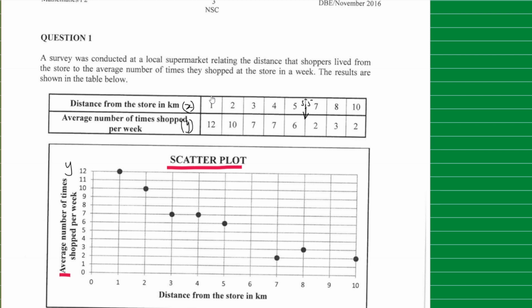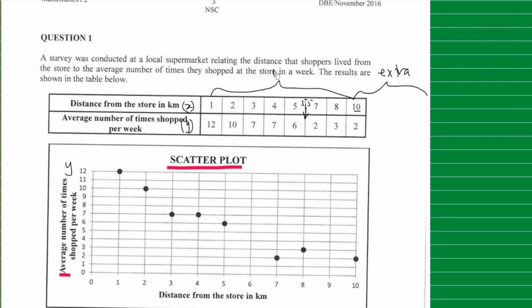Interpolation means you are predicting the values based on the range, the domain that you have, from 1 up to 10. Extrapolation means you are predicting values beyond those that you have recorded. Like here, our recording ends at 10. So extrapolation means you are now trying to predict any values beyond 10, for example, if it is 11 kilometers, 15 kilometers, and so on.